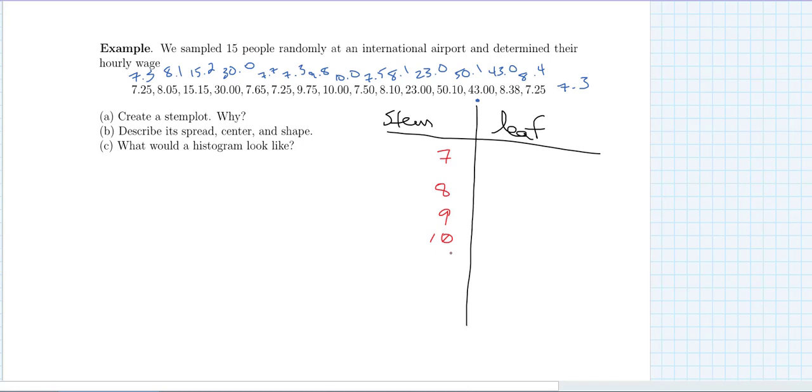So I'm not going to write all these values, but we do have 7, 8, 9, what is it, 15. So imagine dots. 15, 23, 30, 43, and then 50.